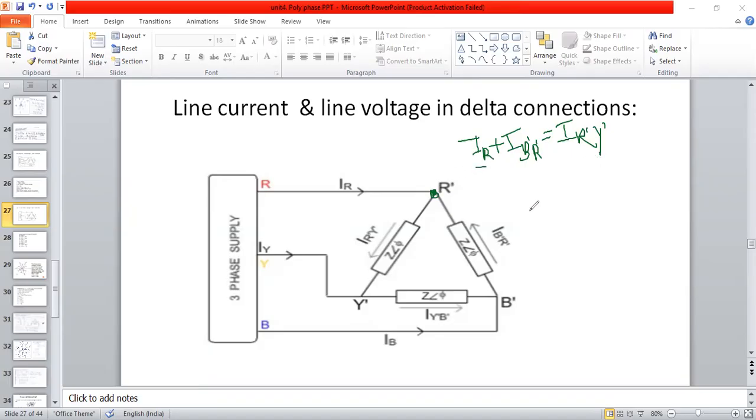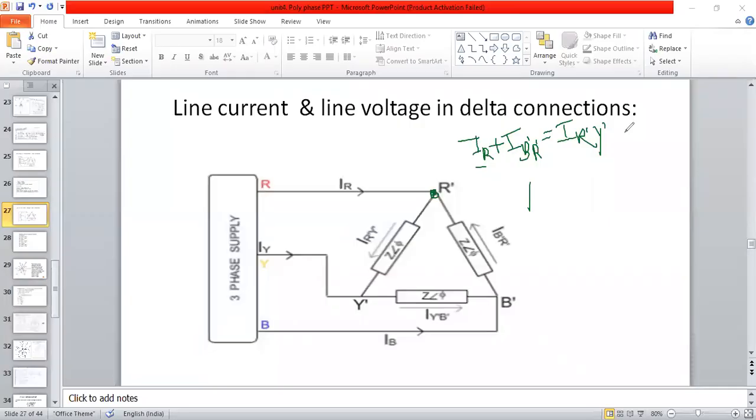We can write IR equal to I R'Y' minus I B'R', when I send this one to the RHS. So IR equal to I R'Y' minus I B'R'.